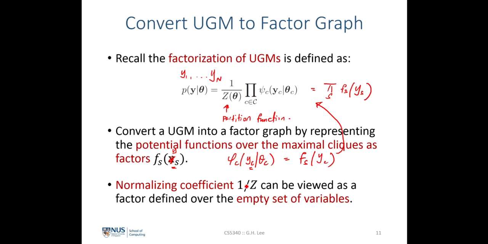So we can define this 1 over Z, the partition function, as a factor that is defined over an empty set of random variables. This could also be incorporated into f_S over here, where in this case y_S that corresponds to 1 over Z would be equal to a null set.